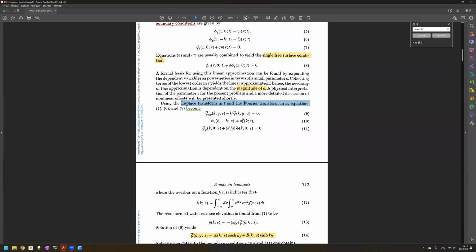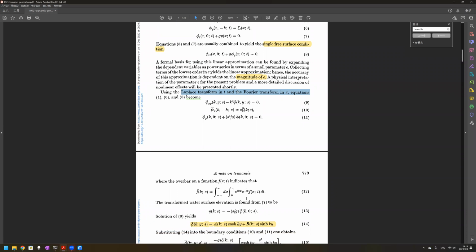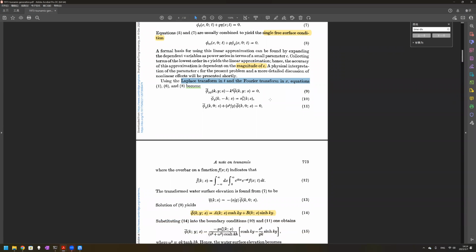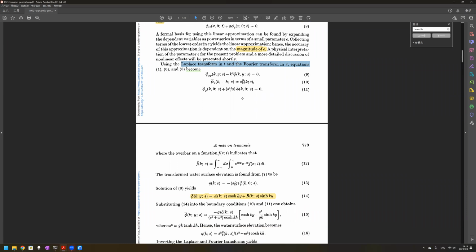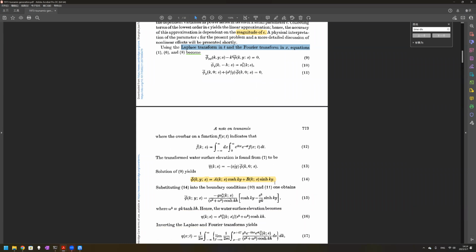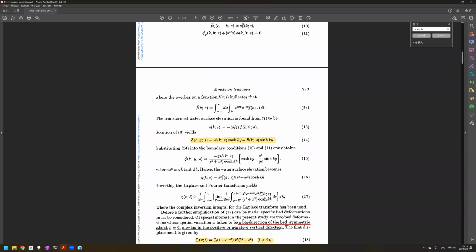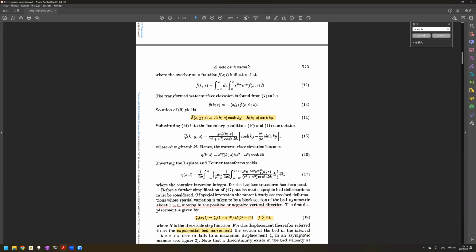You have the Fourier transform and the Laplace transform. So that's the operator. And you plug the linearized boundary conditions into the continuity equation. You have the free water surface function explicitly expressed by the bed deformation function, transformed in the Laplace temporal variable and the Fourier spatial variable.